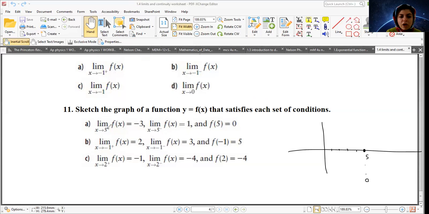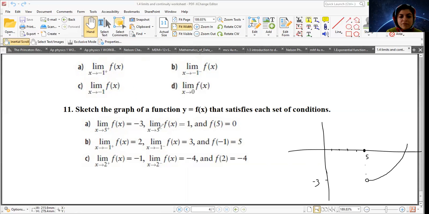To say from right means whatever you do, this would be from the right. Any function you draw, I could draw anything, right? As long as this side of my graph, x approaching 5, the y approaches -3, would be fine.